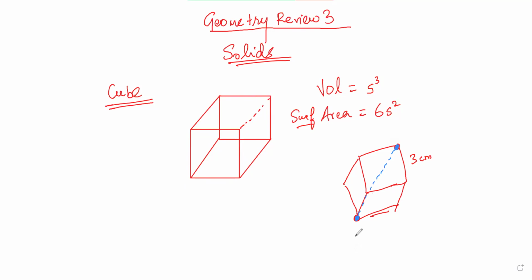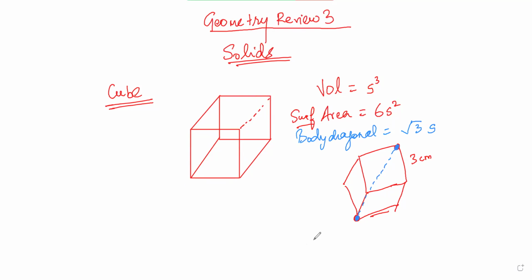That is the body diagonal. And therefore the body diagonal is root 3 times side. That is the formula for the body diagonal.